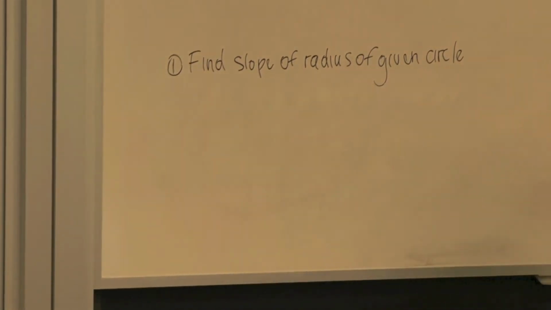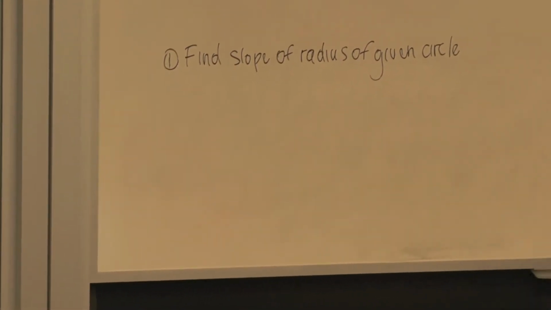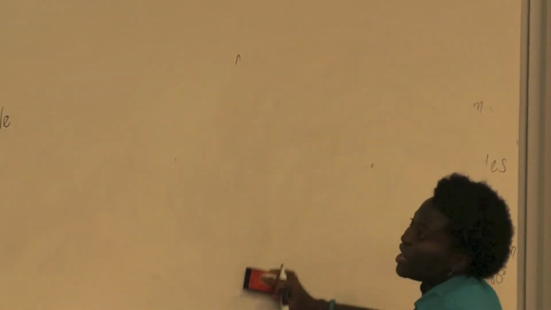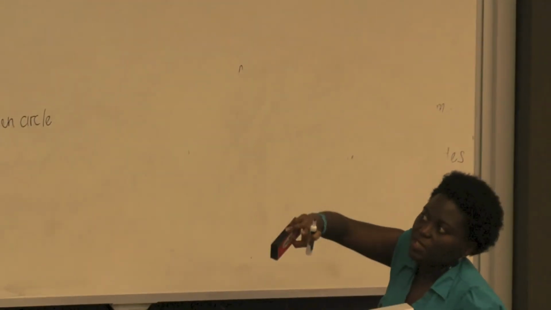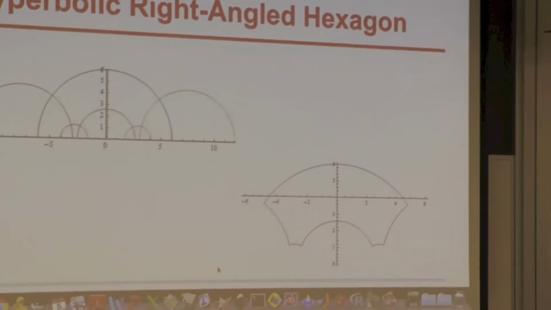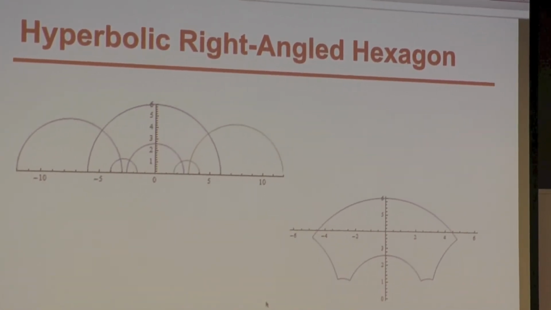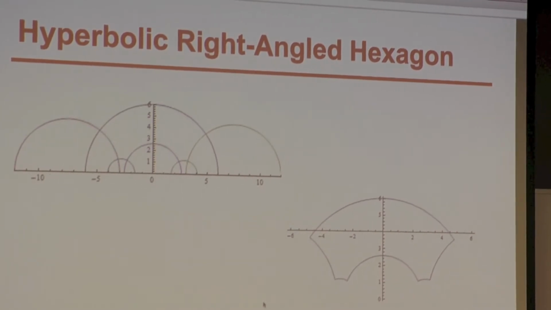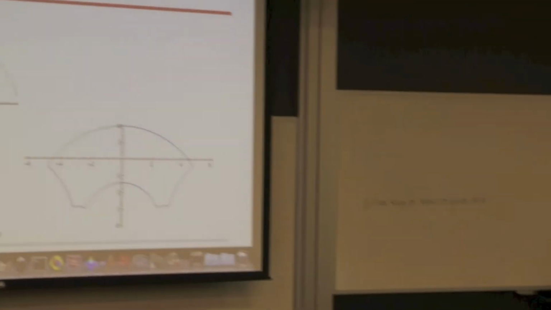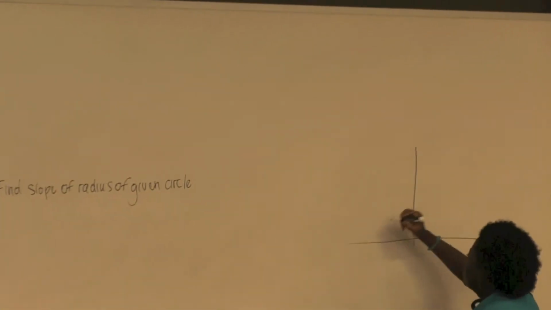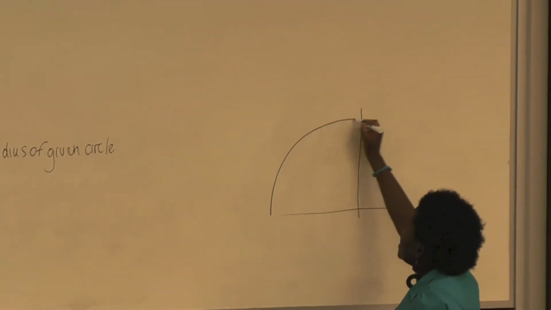In my case, I started with the circle that you see there, the larger circle of radius 6, the one in the middle, centered at the origin, but I'm just going to call its radius capital R. So I started with a circle of radius capital R.